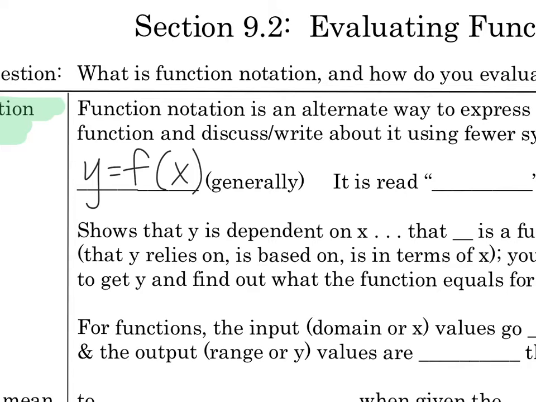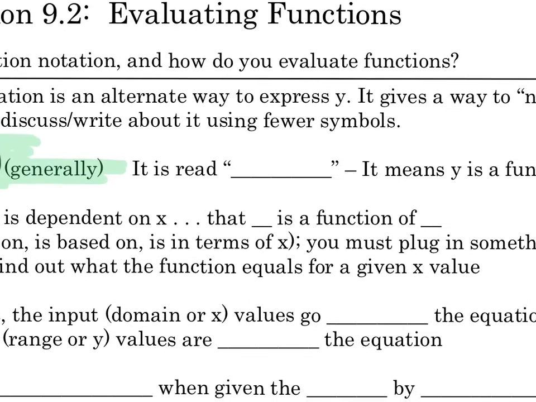This is very general, but 9 times out of 10, that's exactly how you're going to see it. y equals f of x. And if you notice the way I'm saying it, it's f of x, which means y is a function of x.